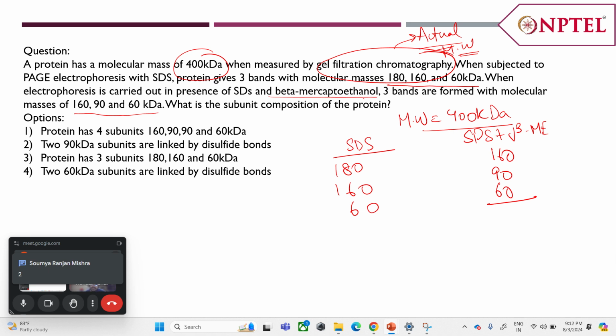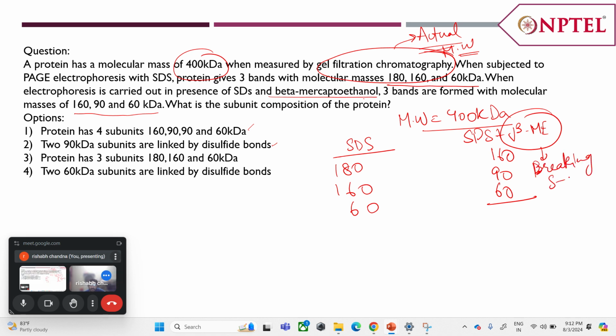Okay, this can be a multiple select question also. So beta mercaptoethanol basically helps in breaking the disulfide bonds. Considering the SDS-only case first, we can see three bands, 180, 160, and 60.